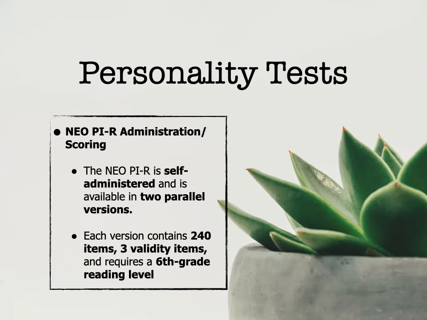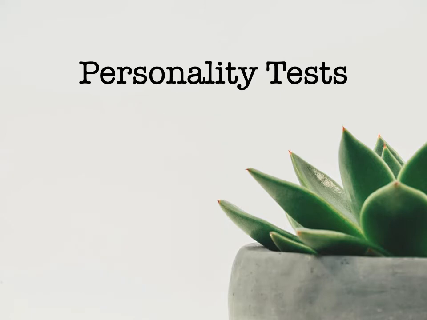So again, you have to take note of these characteristics of the Neo-PI-R so that it will be used appropriately. If you come across a client who doesn't know how to read, then you would know that the Neo-PI-R is not the best tool to measure the personality of that client because it requires a sixth grade reading level.